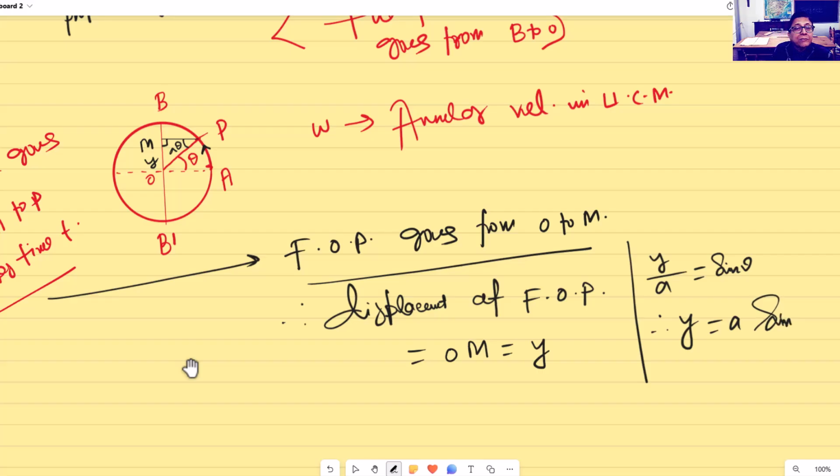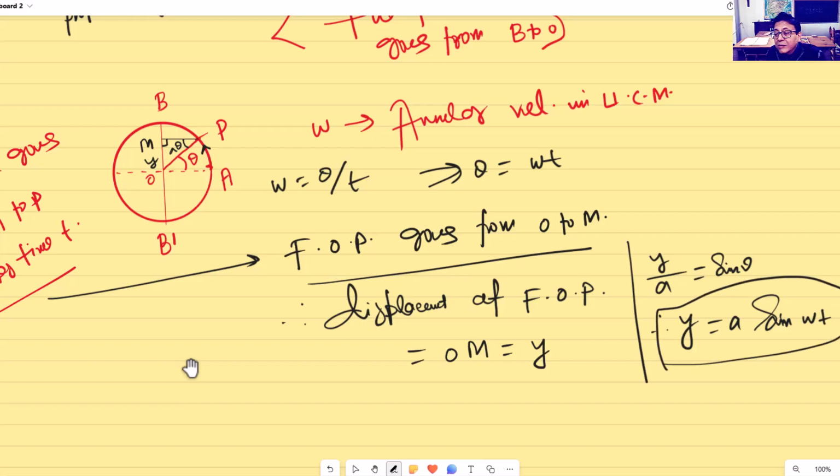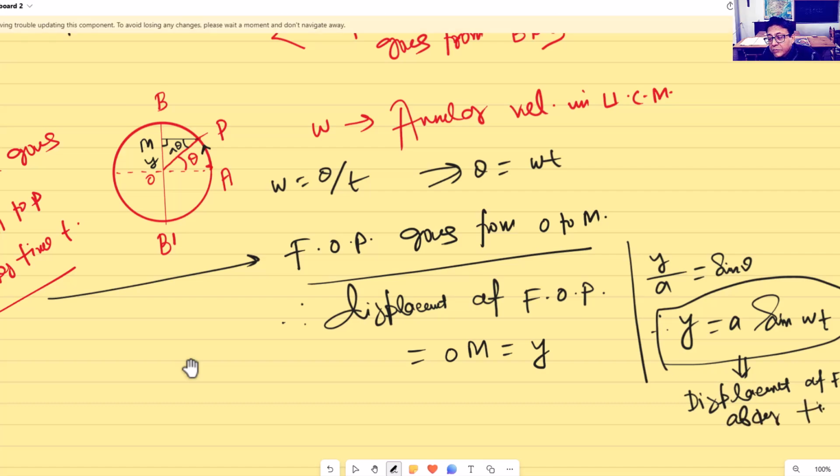You know, omega equal to theta by t. This will give us theta equal to omega into t. So this is actually displacement of FOP, foot of perpendicular, after time t.